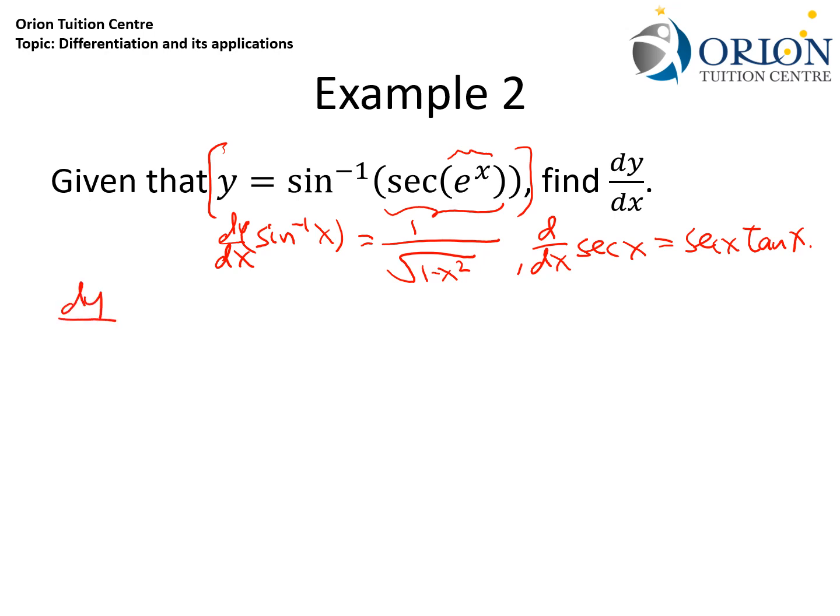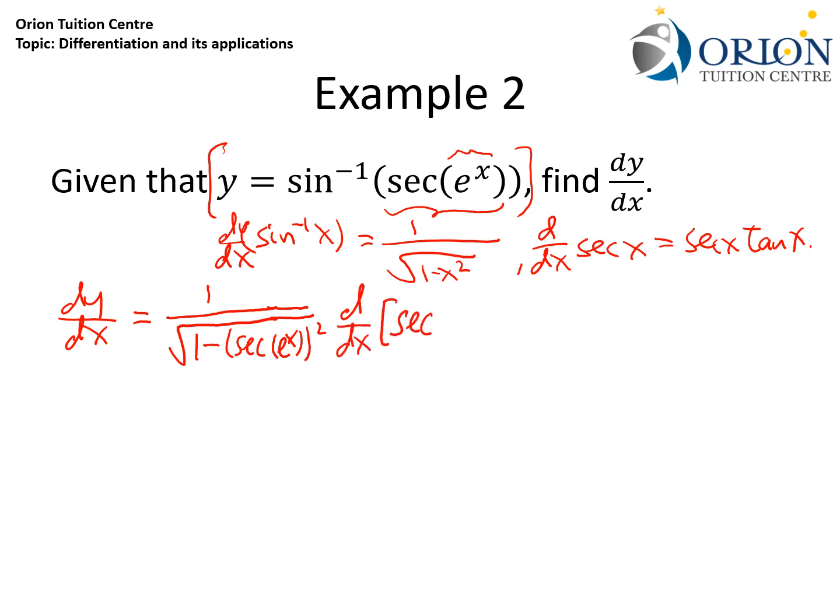So dy over dx equals to 1 over square root 1 minus x squared becomes 1 minus f(x) squared, which means secant of e^x whole thing squared multiplied by the differentiation of secant of e^x. Now let's try to differentiate this term on the side.